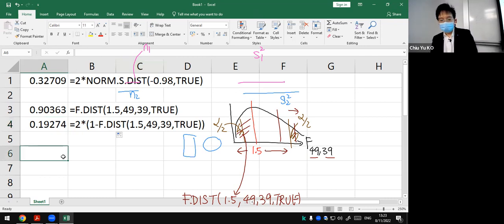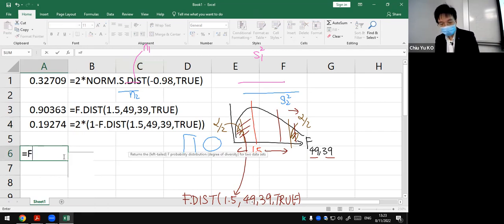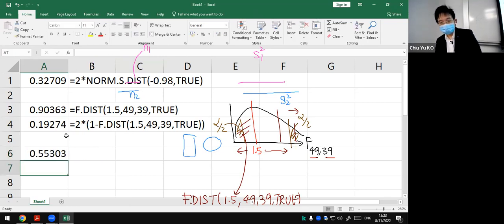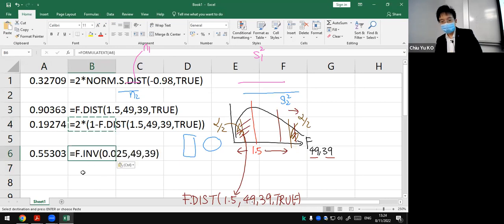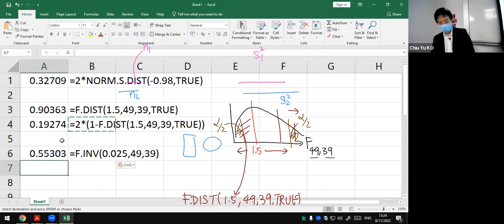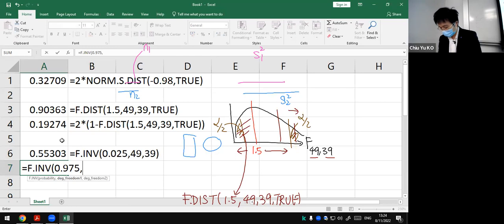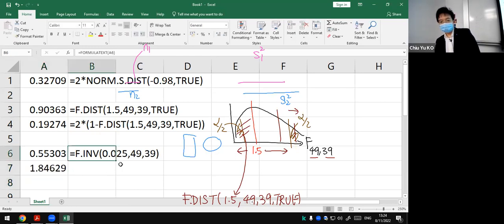The left-hand side one will be just F.INV of 0.025, 2.5%, with degrees of freedom 49 and 39. And the right-hand side will be F.INV of 0.975, 49, 39.